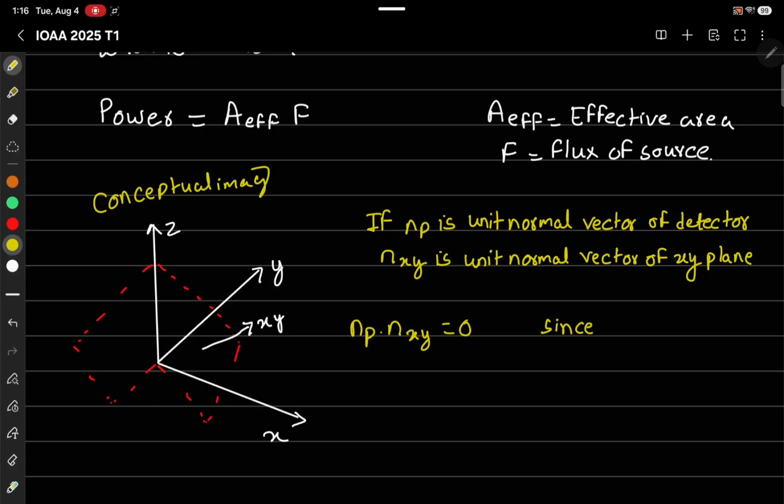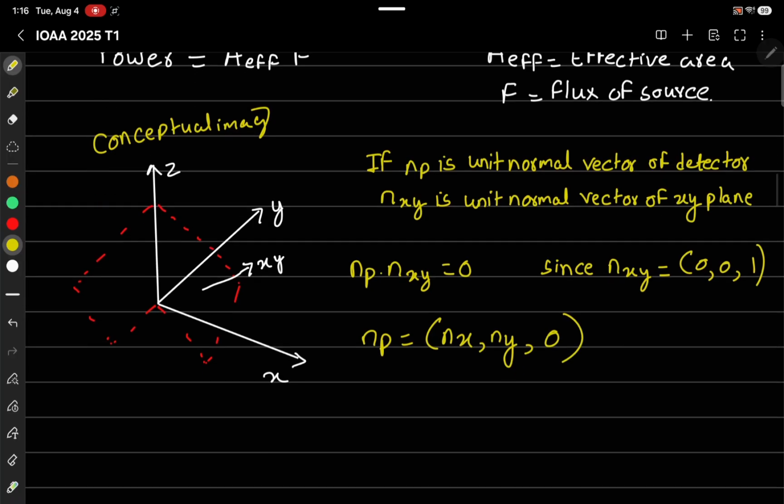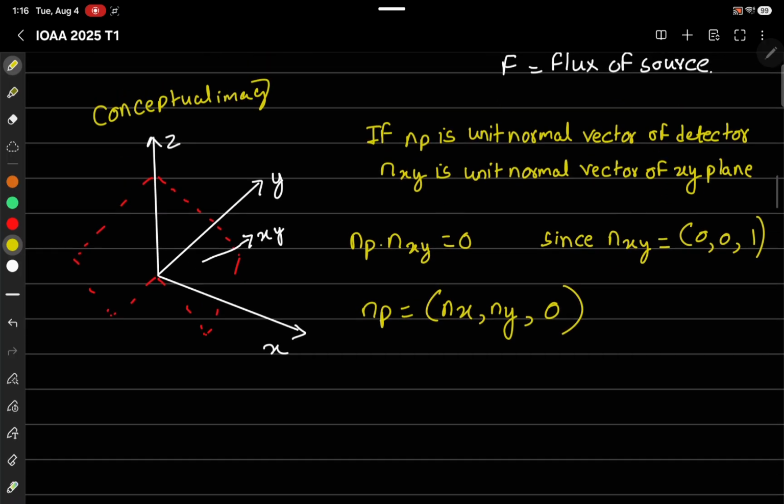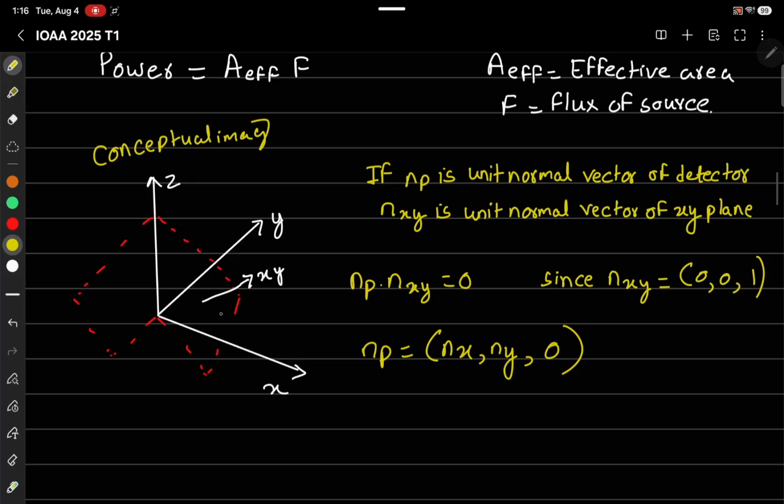Since nxy is 0 0 1, NP will have two components, nx and ny, and the third would be 0. That is, my NP, the unit normal vector of a detector, will always lie in the plane of nx and ny.